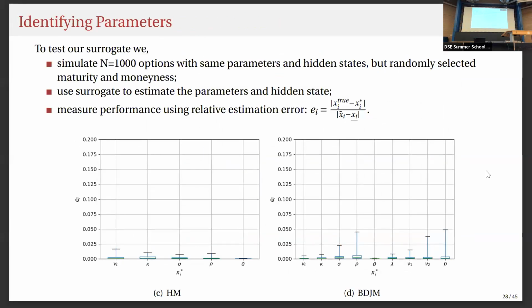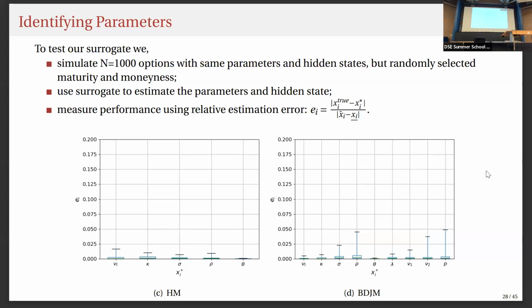All right, so here is something that you will care about deeply if you want to consider using this deep surrogate to do structural estimation. The nature of the exercise here is the following. We would randomly draw parameters and then simulate data.